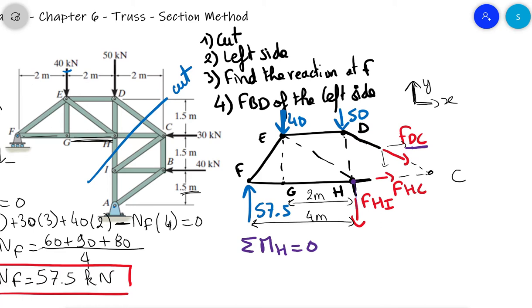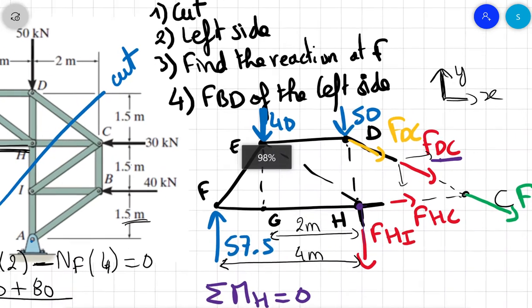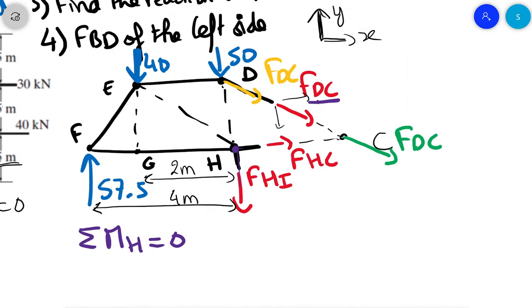So we need to slide the force DC either at C, that's my FDC, or at D. You pick one, the one you want. If you use FDC, it has 2 components on Y and on X, the FDC X and the FDC Y.